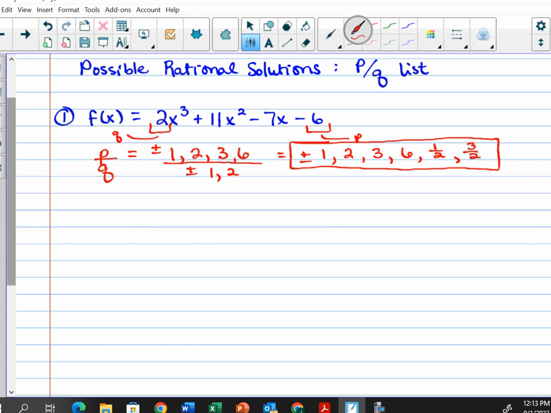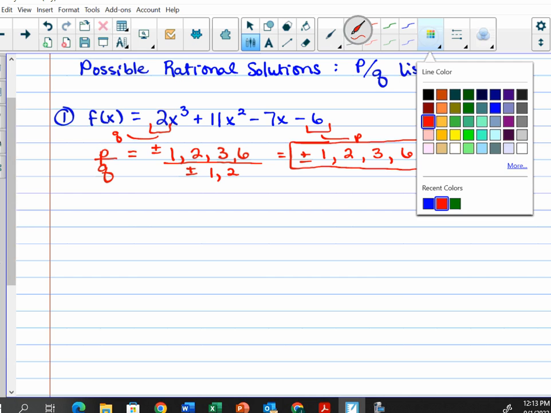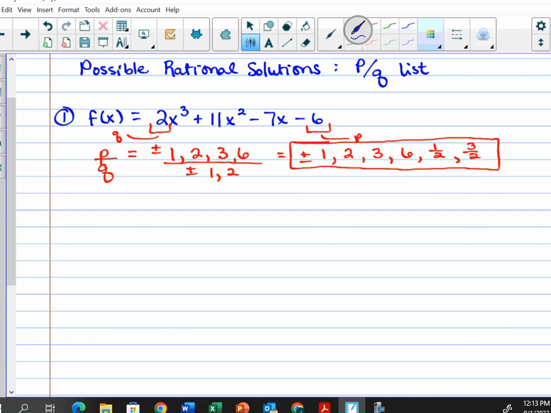Okay? All right, so let's try again. I'm going to have you guys make a P over Q list just to make sure we've got it. Let's say g of x is 8x cubed plus 10x squared minus 11x plus 2.